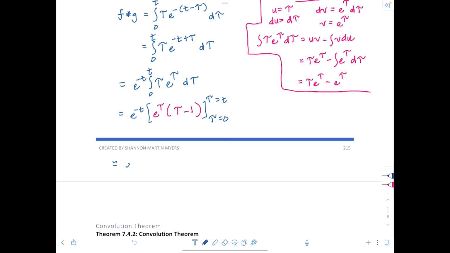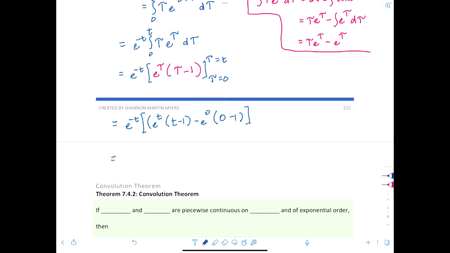And this will give us e to the negative t times my upper limit of integration, which will be e to the t times t minus 1, minus my lower limit of integration, which will be e to the 0 times 0 minus 1. So when I multiply that e to the negative t through, now remember this over here is just going to be a positive 1, a plus 1 because of the two negatives. So I'll get e to the 0 for the first term, so then I'll just be left with t minus 1, and then e to the negative t times positive 1 is e to the negative t.